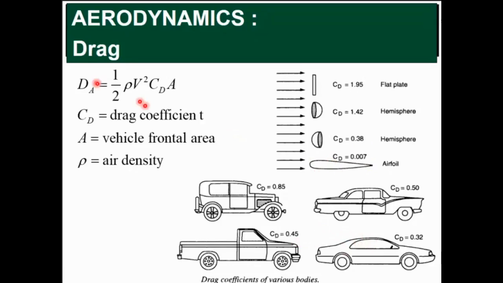And then this equation is the aerodynamics punya drag. Aerodynamics punya drag equal to rho V square times drag coefficient times A, A stands for vehicle frontal area, divided by 2.